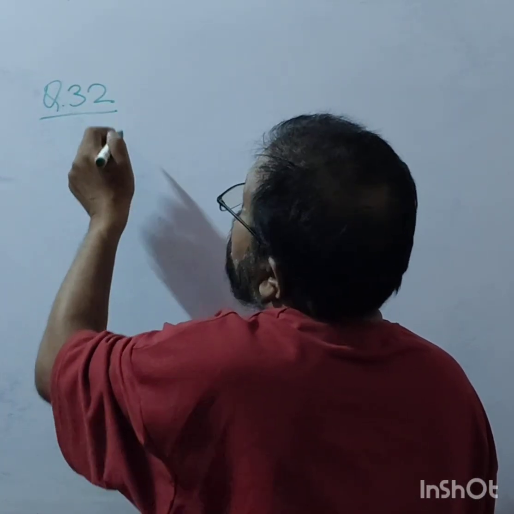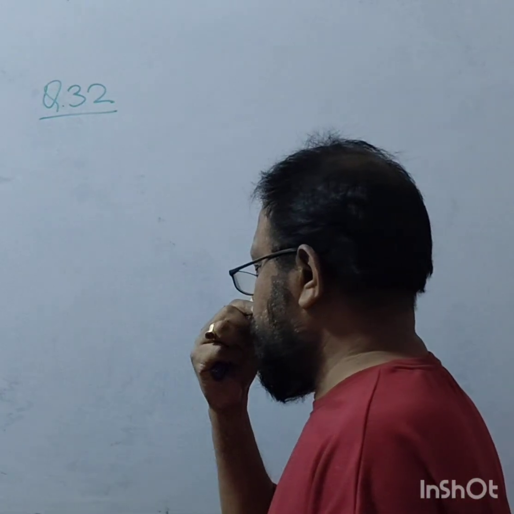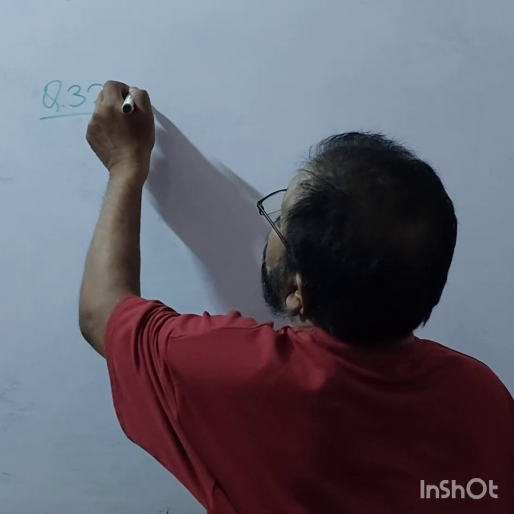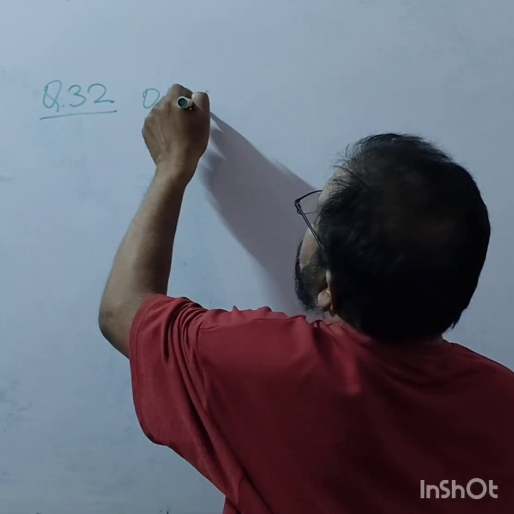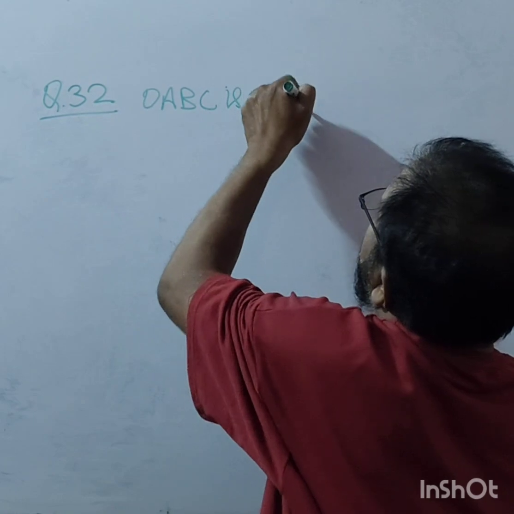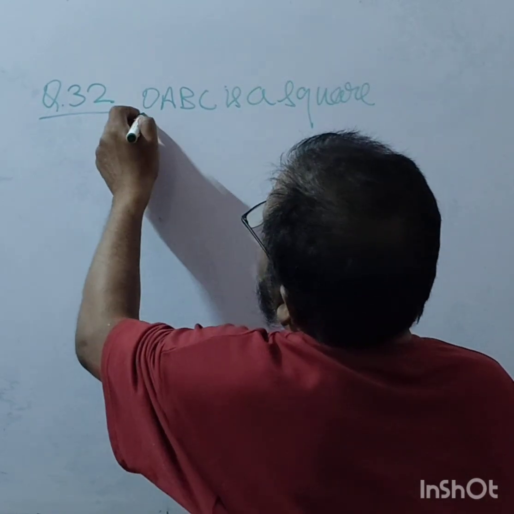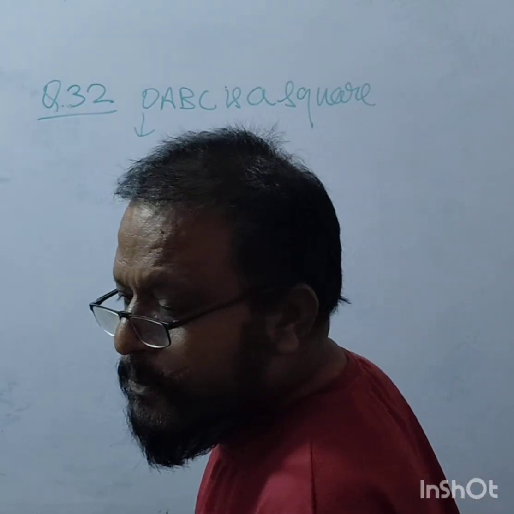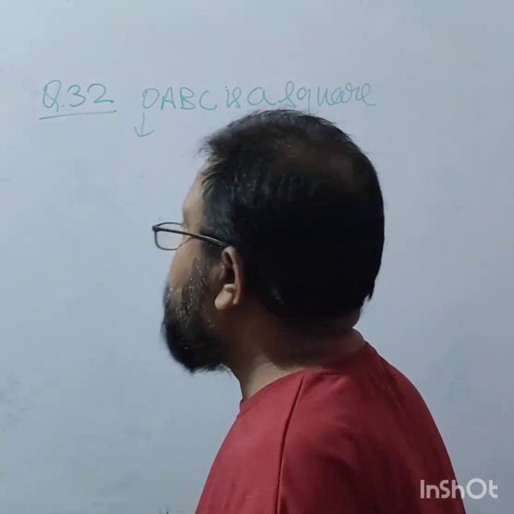OABC is a square. O is the origin. You all know that.